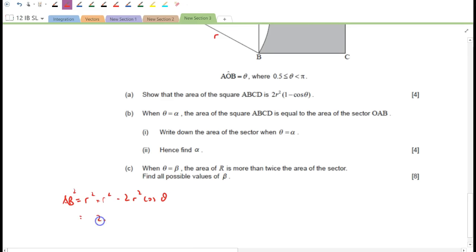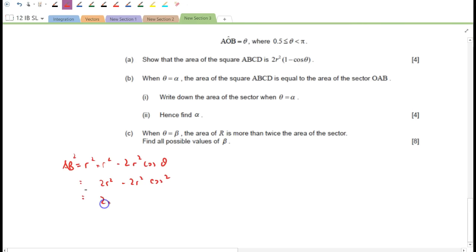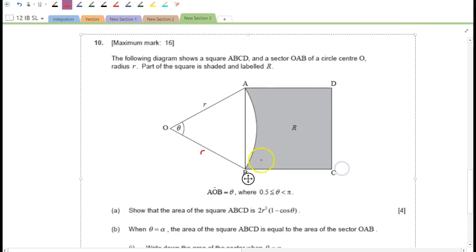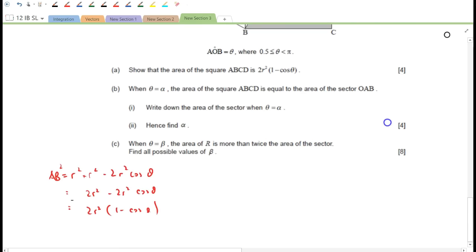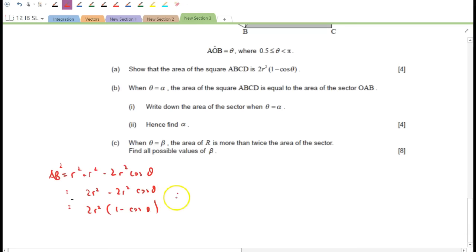So that'll be 2R squared minus 2R squared cos theta, which equals 2R squared (1 minus cos theta), because AB squared is actually equal to the area of the square, isn't it? So therefore, area of the square ABCD is equal to 2R squared (1 minus cos theta).